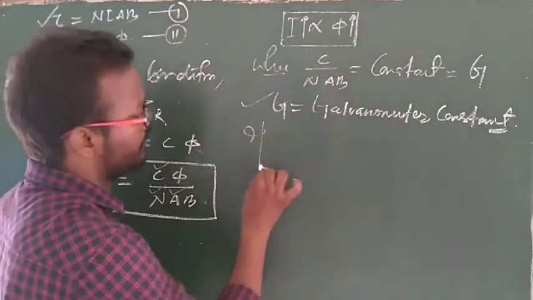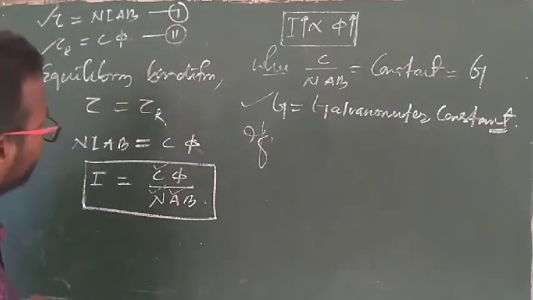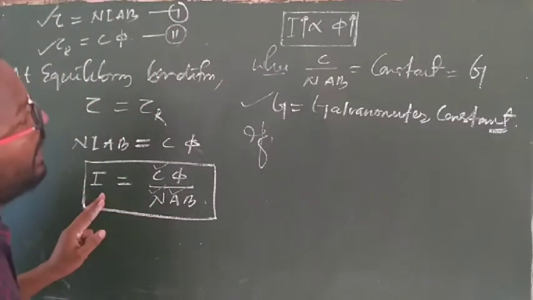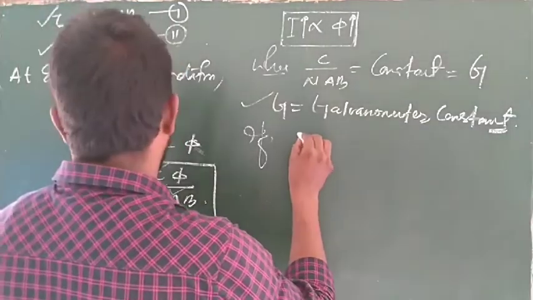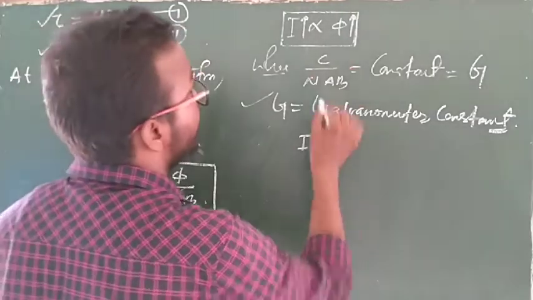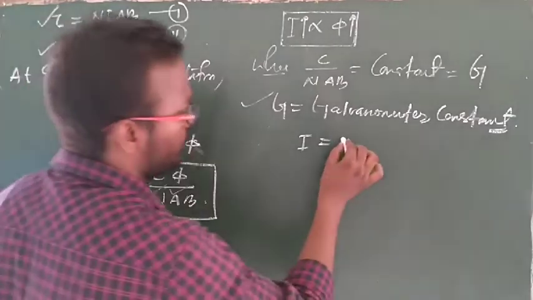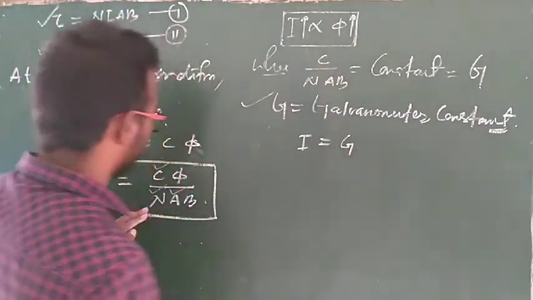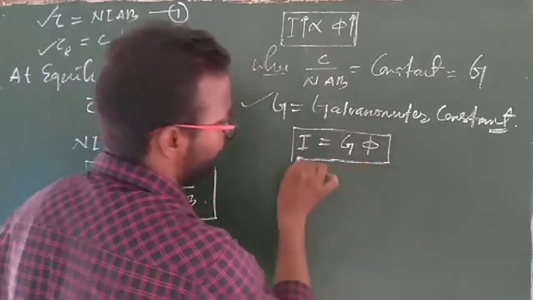The galvanometer constant G is C by NAB, a constant quantity, so we can write I equal to G into phi. See another expression.